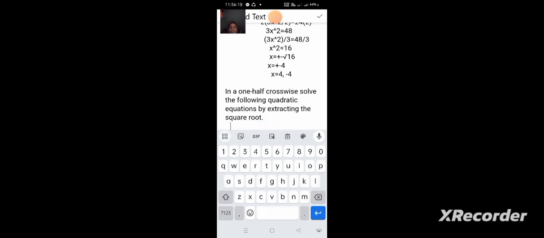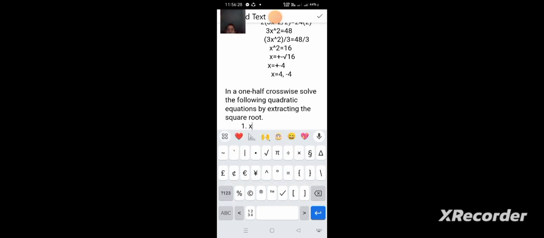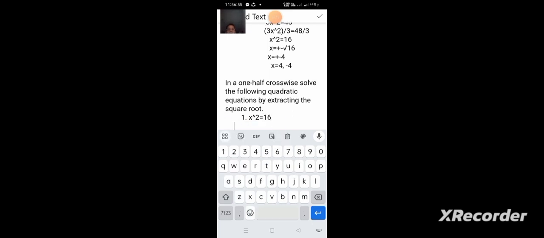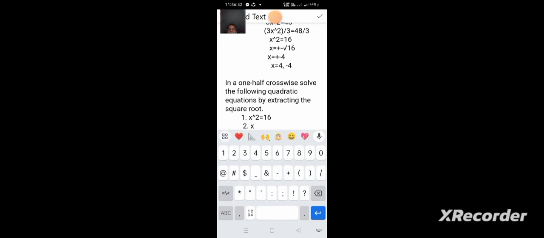Number 1, x squared equals 16. Number 2 is x squared minus 28 equals negative 3.